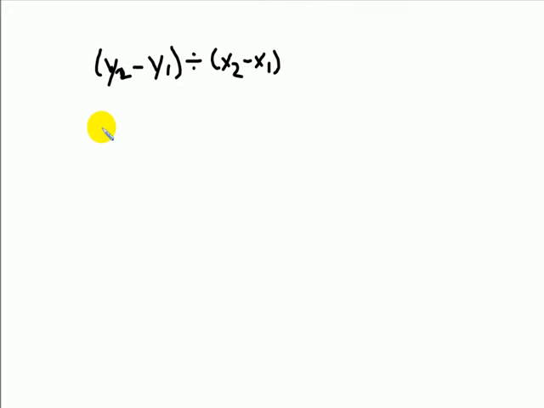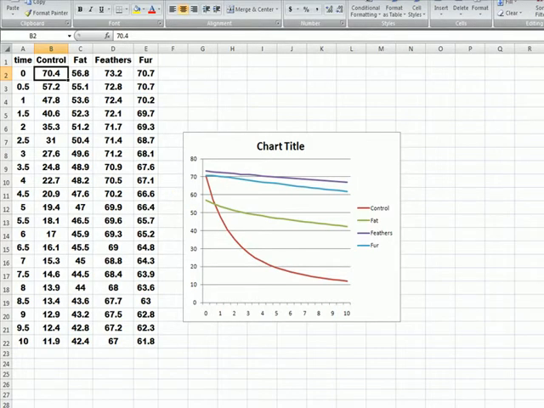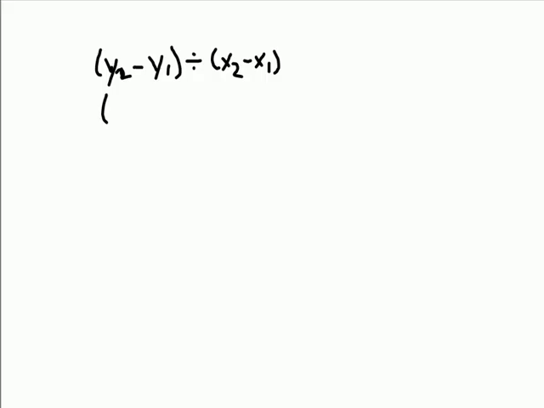So for example, if I were to look at, I think this one is, yes, the control. If I were to look at the control, it had an ending temperature of 11.9 degrees Celsius and a beginning temperature of 70.4 degrees Celsius. And I divide that by 10 minutes.